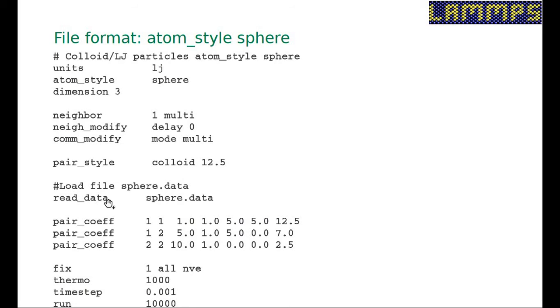Then comes read_data, where we load the file sphere.data, and information related to the potential coefficients. We stress that the read_data instruction should be included just after the pair style has been defined.